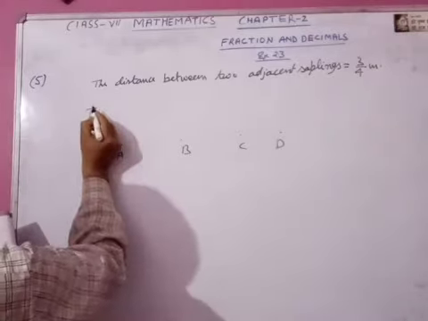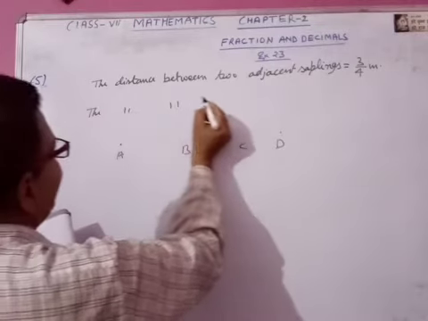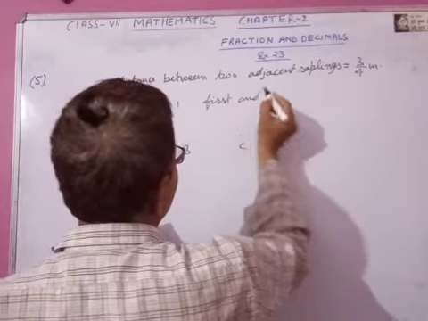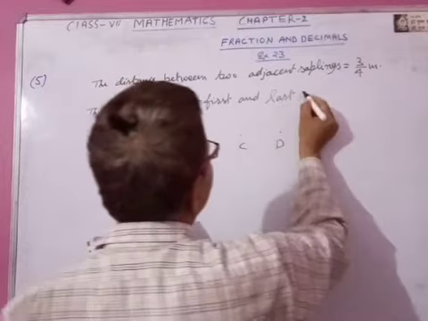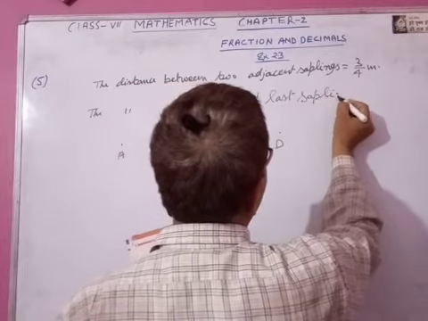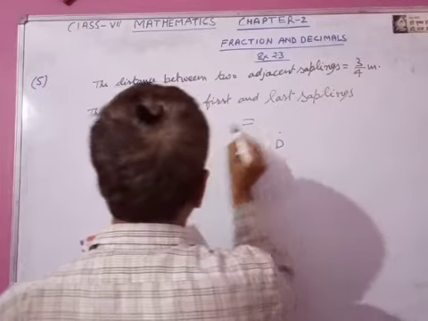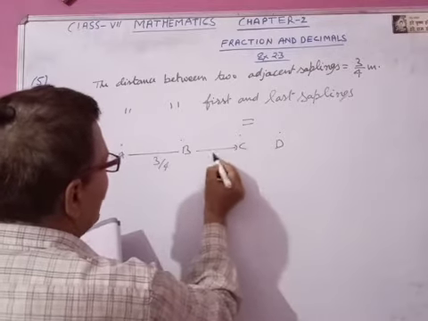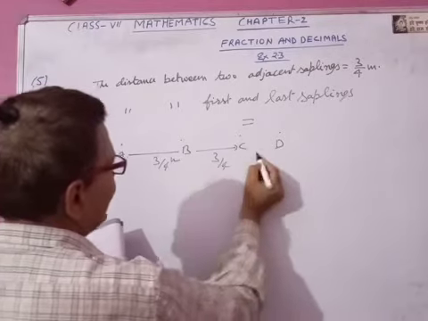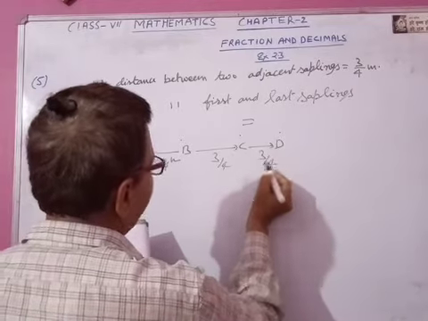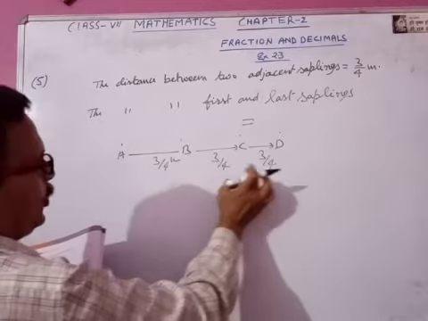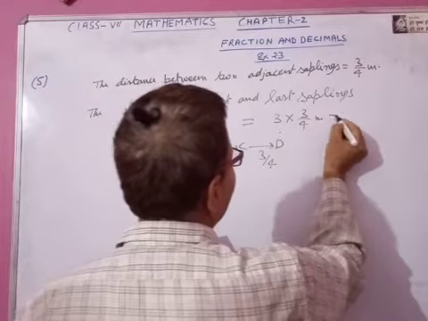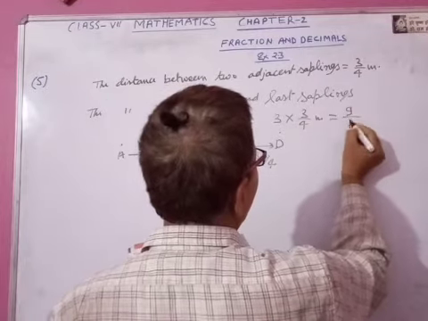The distance between first and last is equal to, you are saying this is 3 upon 4, this is 3 upon 4 meter, and this is also 3 upon 4 meter. It means 3 upon 4 plus 3 upon 4 plus 3 upon 4. You will multiply 3 multiplied by 3 upon 4 meter. That is 9 upon 4 meter.